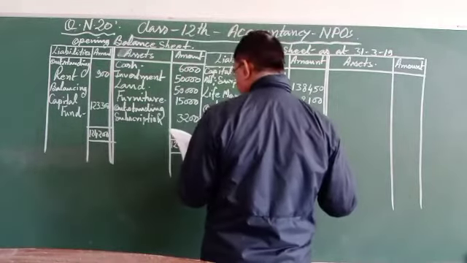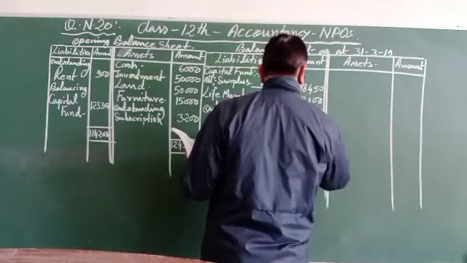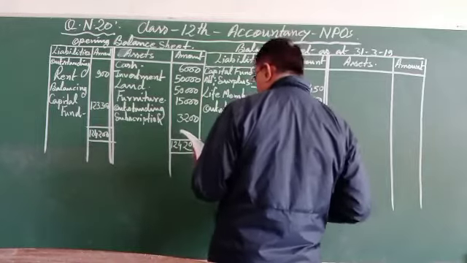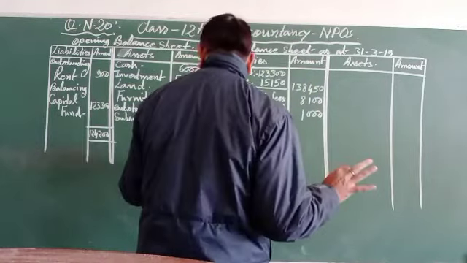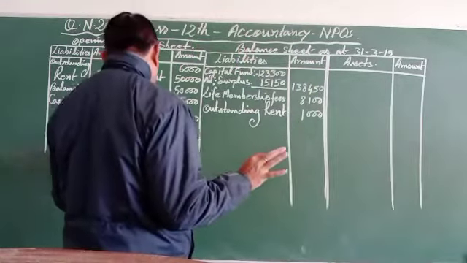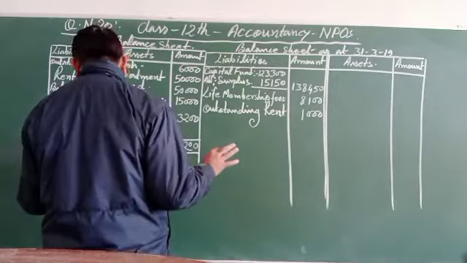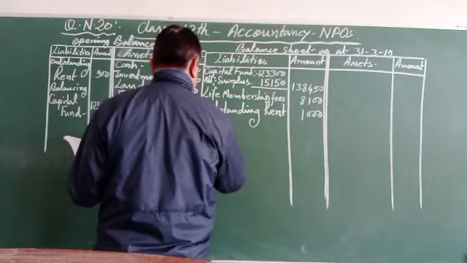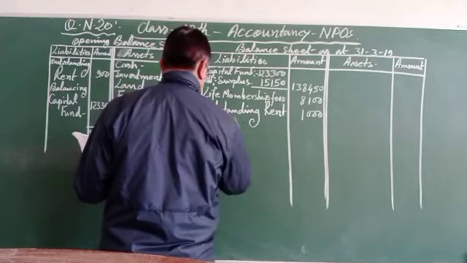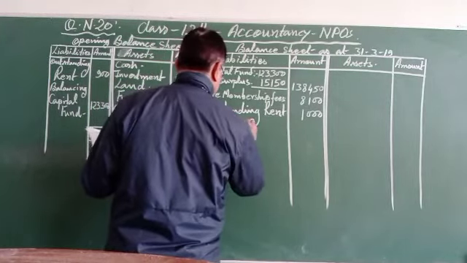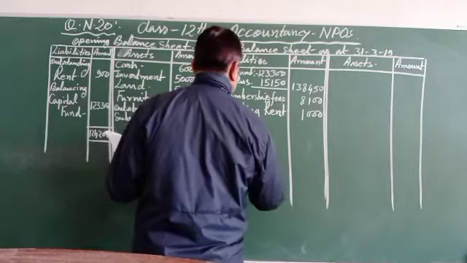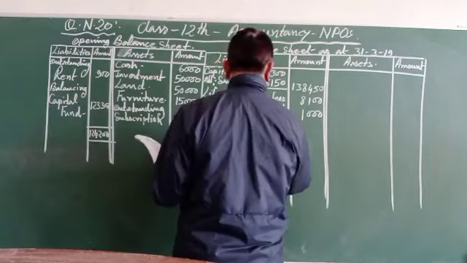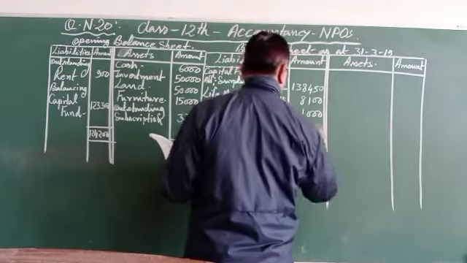That is given in the information, 1,000. Then stationery dues, outstanding stationery dues amount to 250.